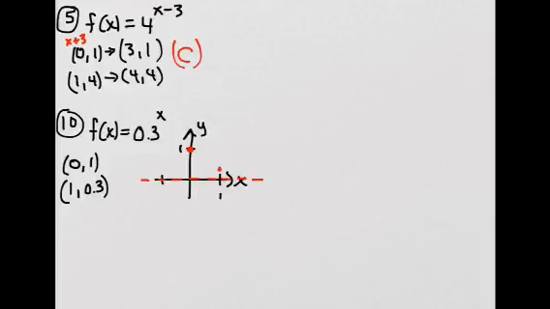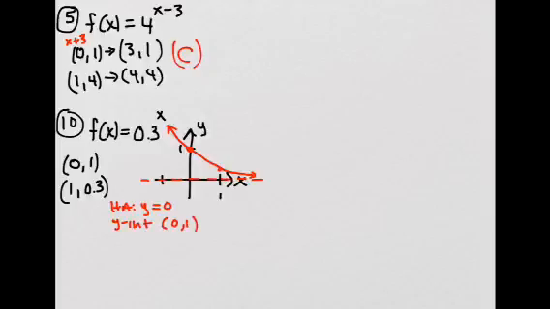And so the graph will go something like this. Okay? So the horizontal asymptote is y equals 0. And the only intercept it has is a y-intercept. So the y-intercept is 0, 1.